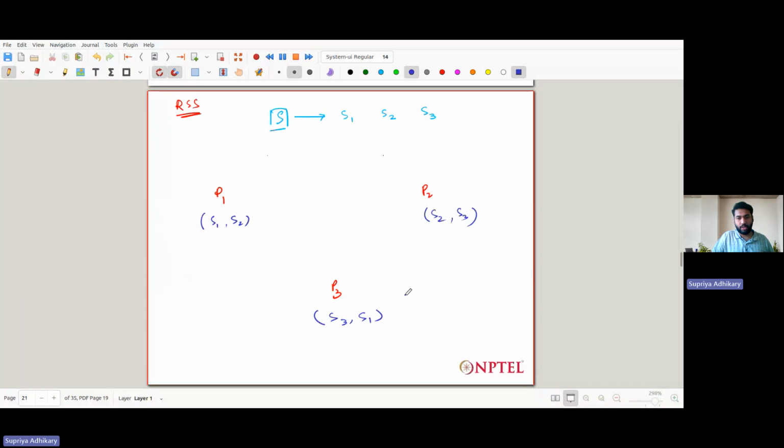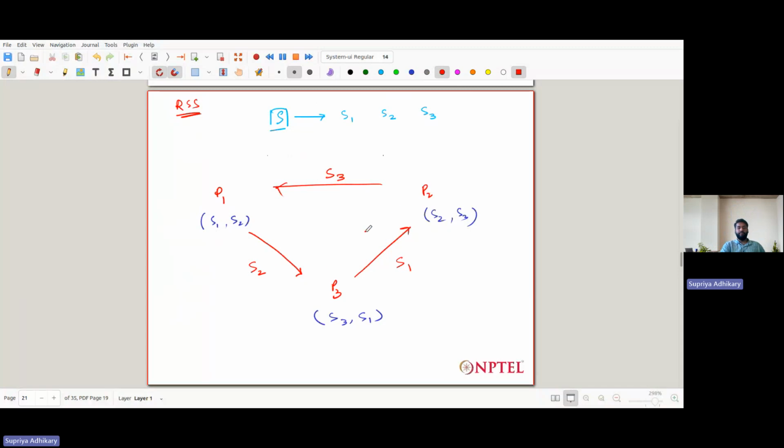Somehow they would share these shares among themselves, and the reconstruction phase ensures that each party would send only one ring element. Like P1 would send S2 to P3, P3 would send S1 to P2, and P2 would send S3 to P1.